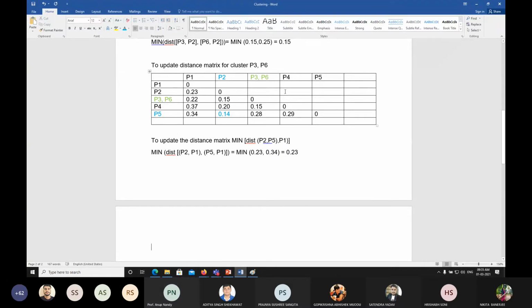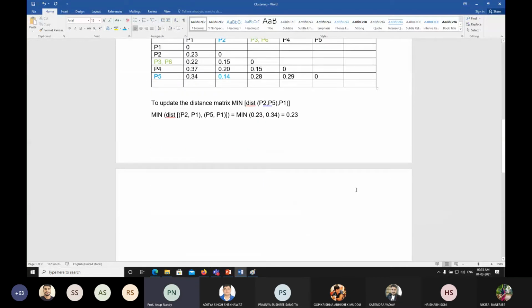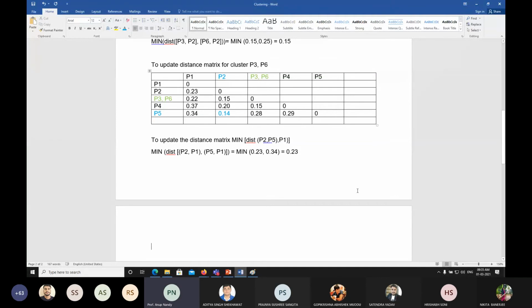Can you draw it? You have to follow the same step till you find only one element. Okay. So you have to find P2, P5, P3, P6. Then you have P2, P5 into P3, P6. You can find 0.15. Okay, then you have to have the P2, P5 into P4.